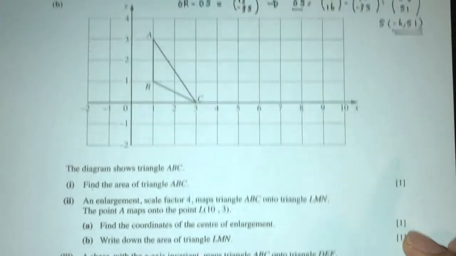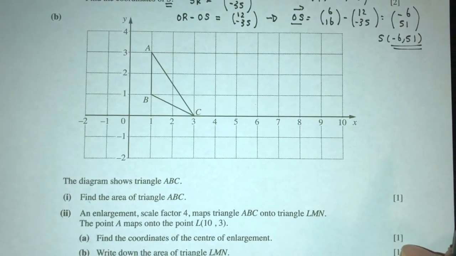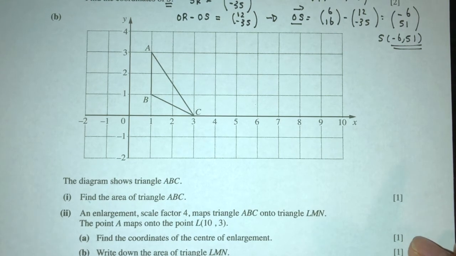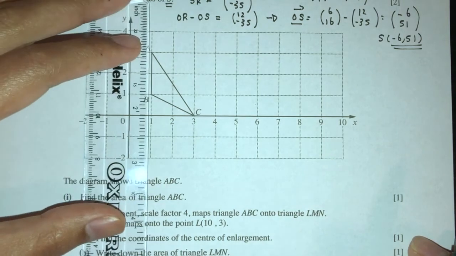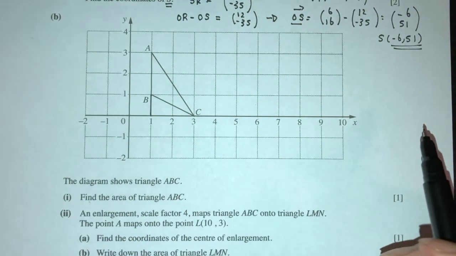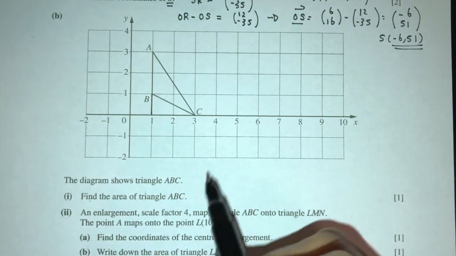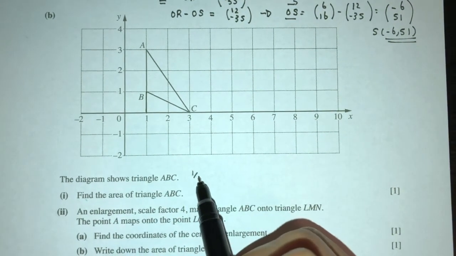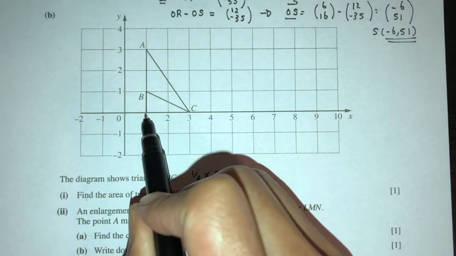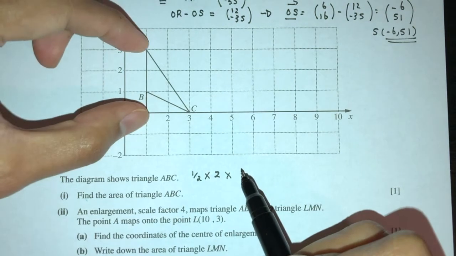Now let's move on to part B of this question. Okay, so the diagram shows the triangle ABC. As you can see, we have to find the area of triangle ABC. So how can you find this? Pretty easy. You have to use some kind of observation that can help you. If you observe, we can first find the area of the big triangle. The big one is half times base 3 times height 3.